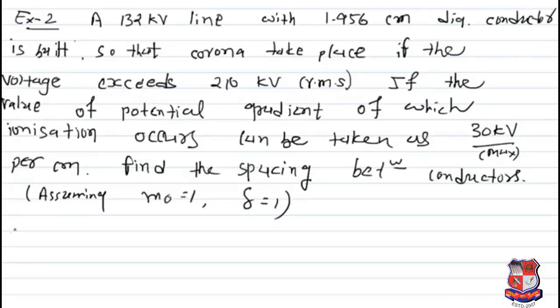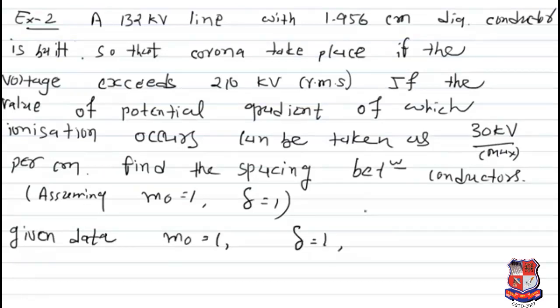Now the given data: we have M0 equal to 1, delta equal to 1, right?